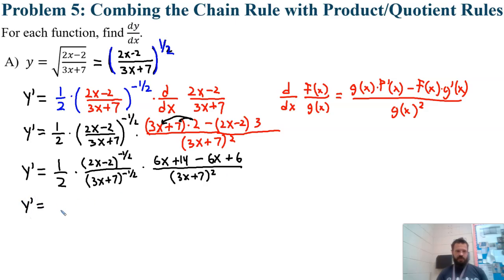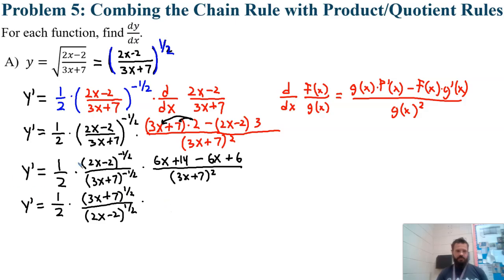All right, and continuing, same thing. I'm just going to leave this as 3 fractions, keep cleaning it up. So I've got my half. Okay, times, now if both the numerator and denominator are raised to negative exponents, I can just flip these guys upside down. So we can say this is a 3x plus 7 to the positive 1/2 over 2x minus 2 to the positive 1/2.